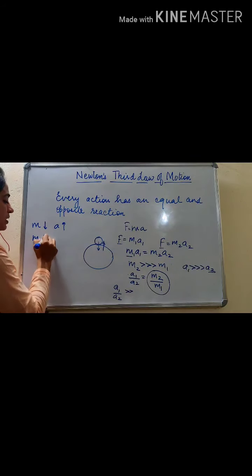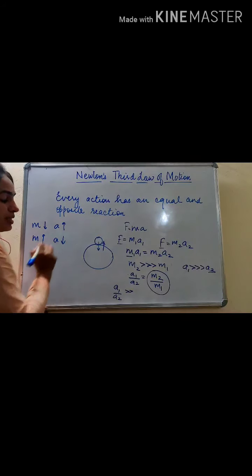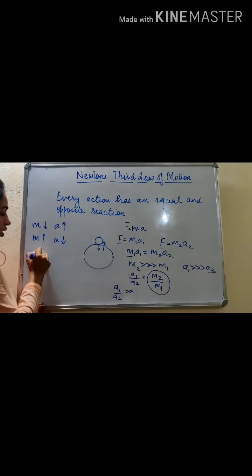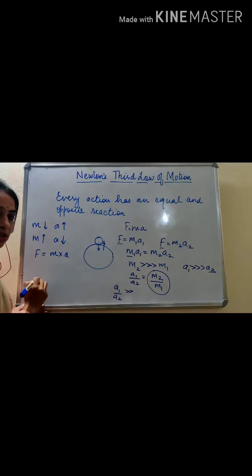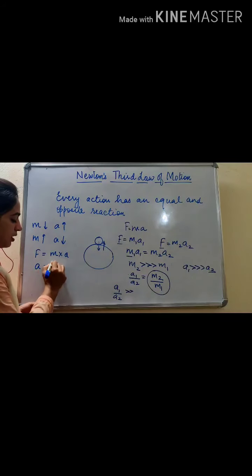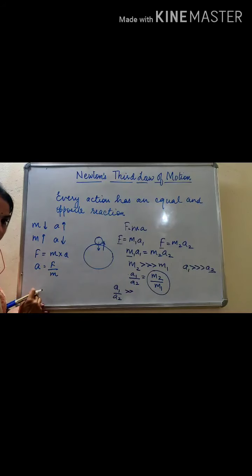If mass is more, acceleration is less. Vice versa. From here also you can see force is equal to mass into acceleration, so acceleration is force upon mass. Greater the mass, lesser the acceleration. Lesser the mass, more the acceleration. Inverse proportionality between acceleration and mass is there.